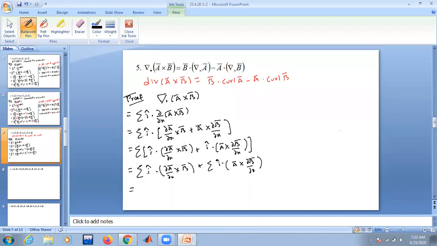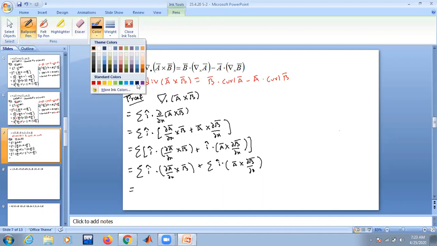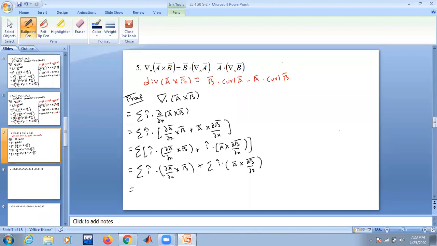It is in the form a dot b cross c. What is a dot b cross c? It equals the box product, box ABC. Am I right? Scalar triple product. This can be written as a dot a cross b dot c also.